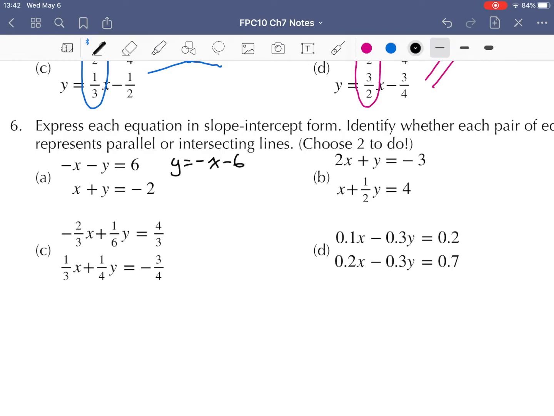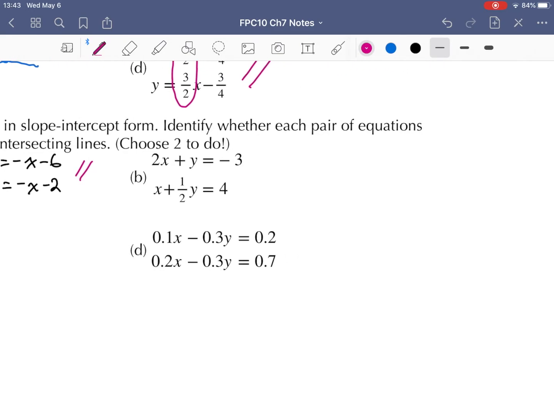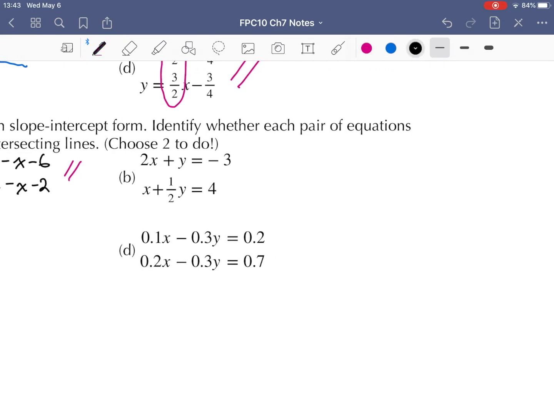For 6A, the first equation becomes y equals -x minus 6, and the second equation becomes y equals -x minus 2. Same slopes of -1. These two are parallel.